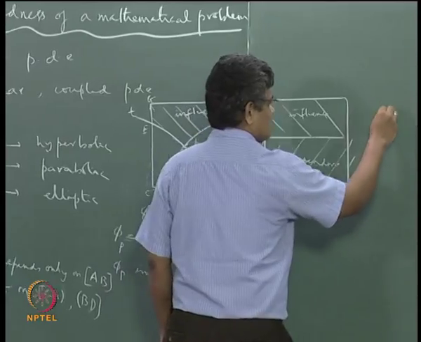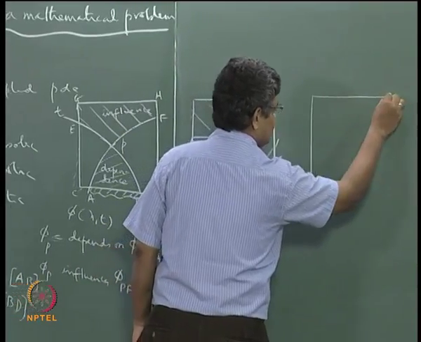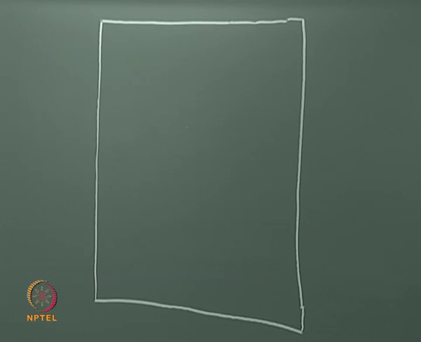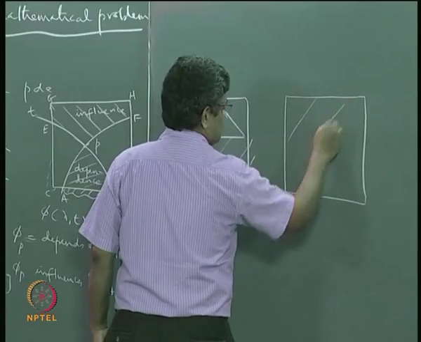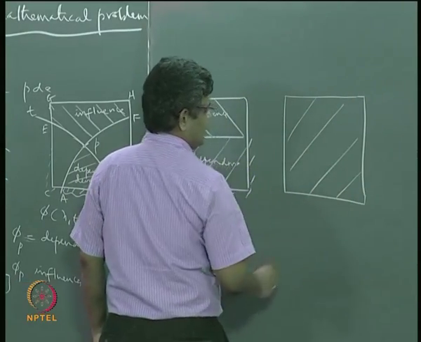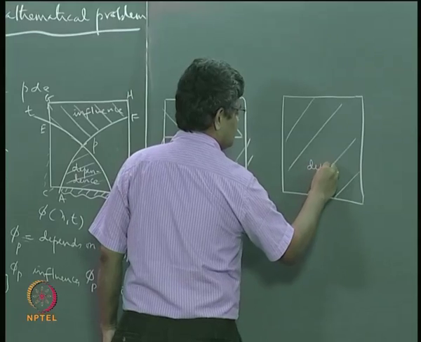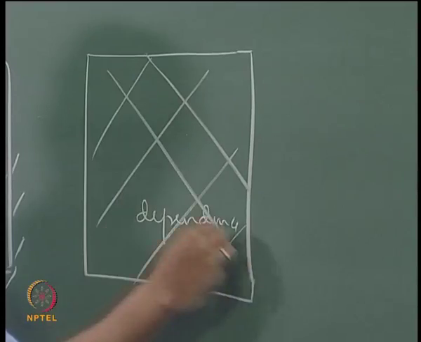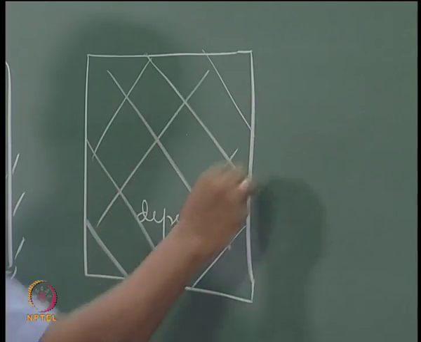In the case of elliptic, for the same boundary, we have the whole boundary is the zone of dependence and the whole boundary is also the zone of influence.